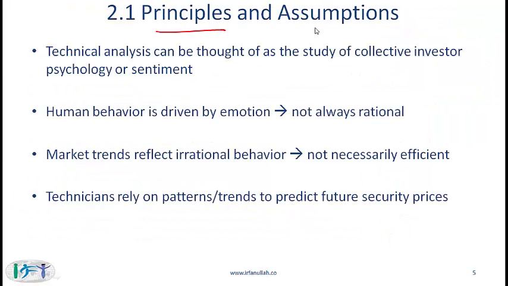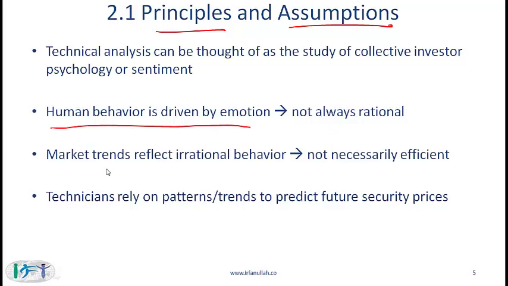Moving now to the principles and assumptions. Technical analysis can be thought of as the study of collective investor psychology or sentiment. You need to recognize that human behavior is driven by emotion. Therefore, human behavior is not always rational.